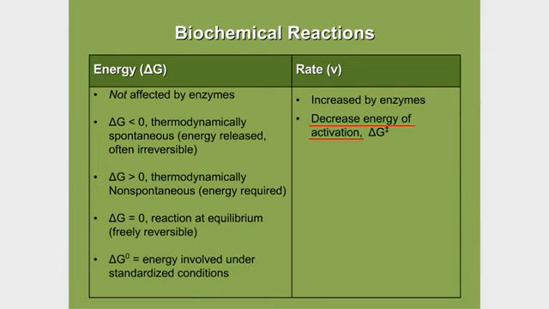So for a substrate to give up its inherent energy called delta G, the substrate must first acquire a little bit of energy from the environment called delta G star. Once the substrate acquires the delta G star energy from the environment, then the substrate gives the delta G star energy back to the environment and then gives up and releases its own energy called delta G.